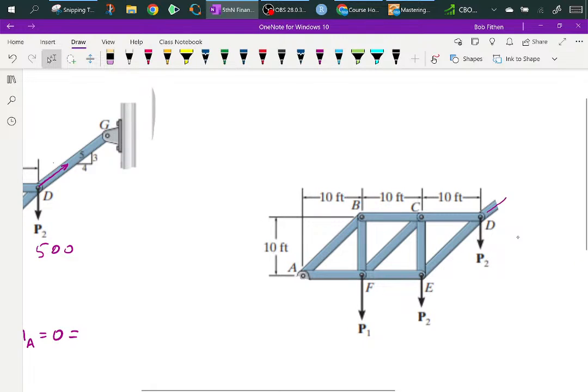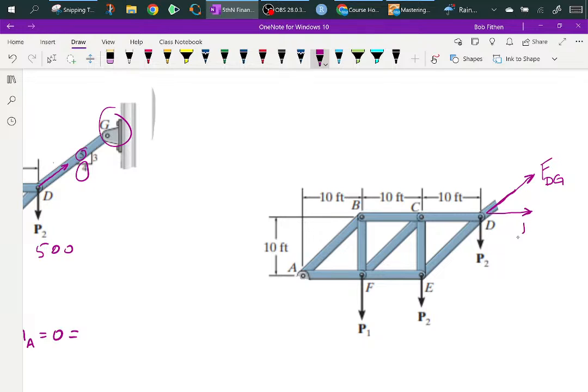But I know somebody, mainly the gusset over here at G, is pulling this way. And so I don't know what to call it, so I'll call it FDG. And then I got this, because this is a 4/5. This will be 4, that's a 4, that's a 5, FDG.